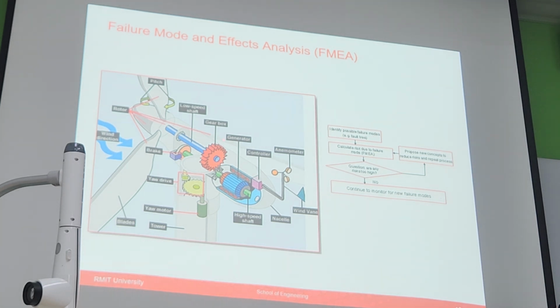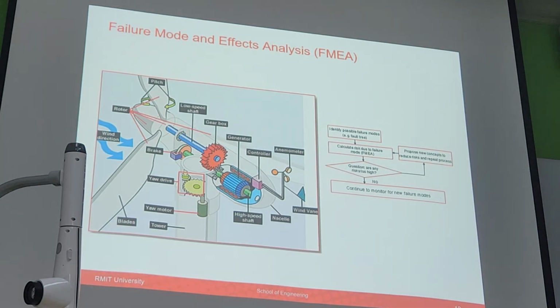Blades, you can see the gearbox, we have a pitch. The pitch is the part, the rotator, and in the rotator we have a generator, a controller, and a high speed shaft. So many different parts. Again, for each part we have to apply FMEA.